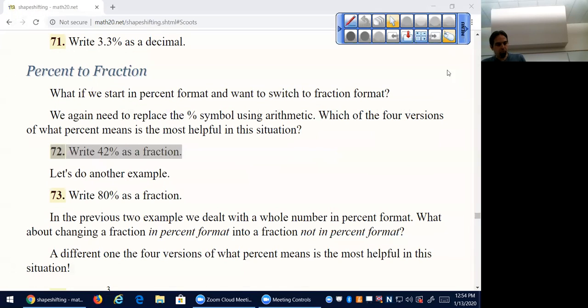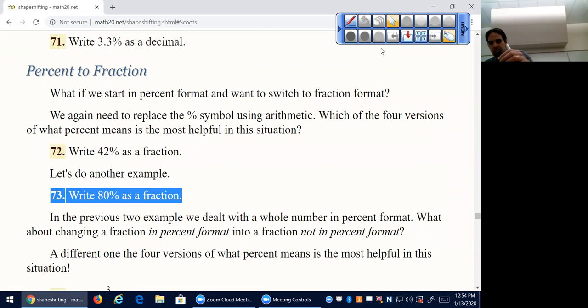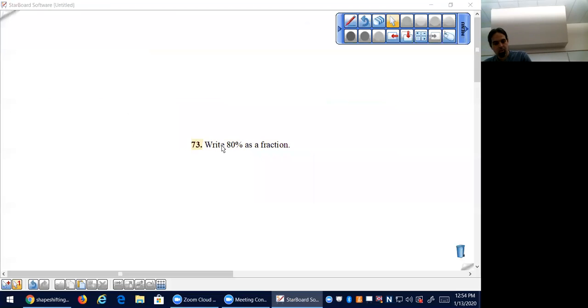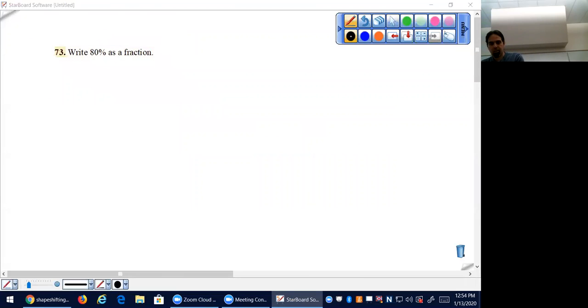Okay, I can go back if you need. Let's do another one though. So just like before, I'm going to take the 80. If I'm getting rid of that percent, I have to put something back that's equivalent because I can't just change the number.